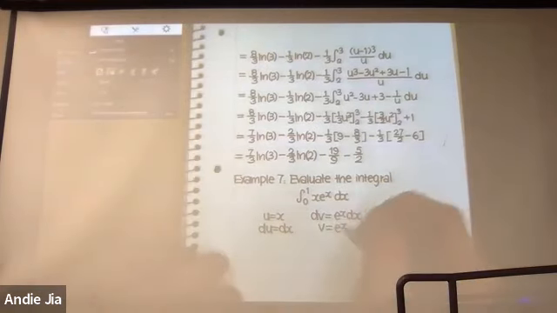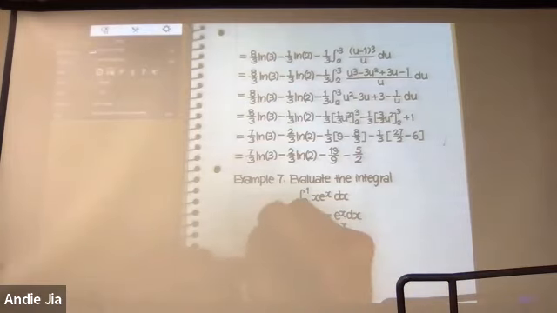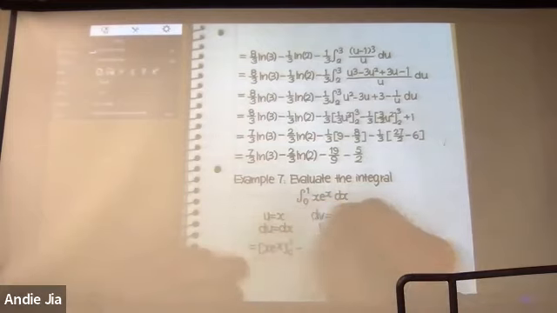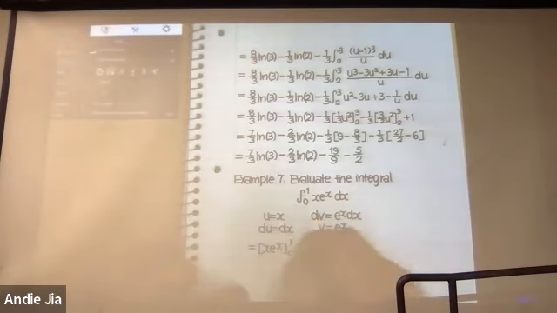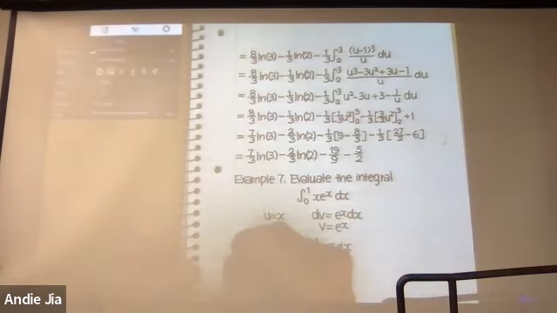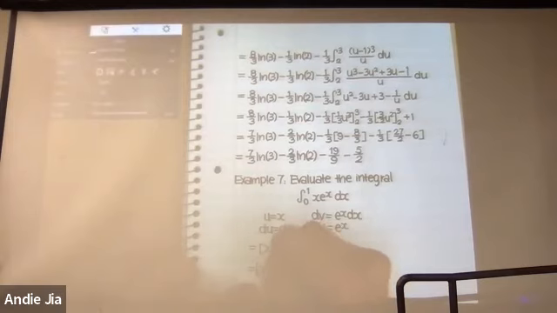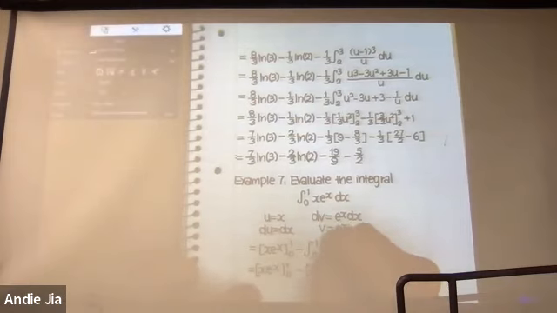And the integration is going to be x e^x from 1 to 0 minus the integral from 1 to 0 of e^x dx. It is just x e^x when x equals 1, minus the value at 0.